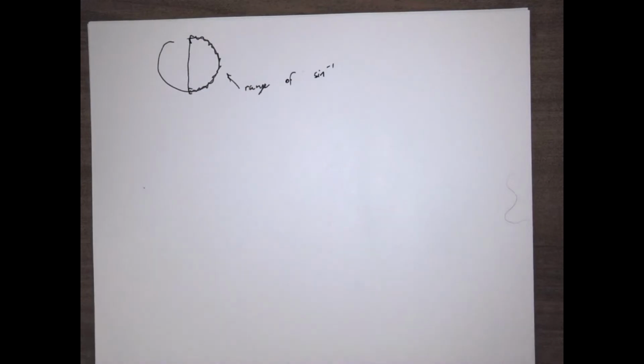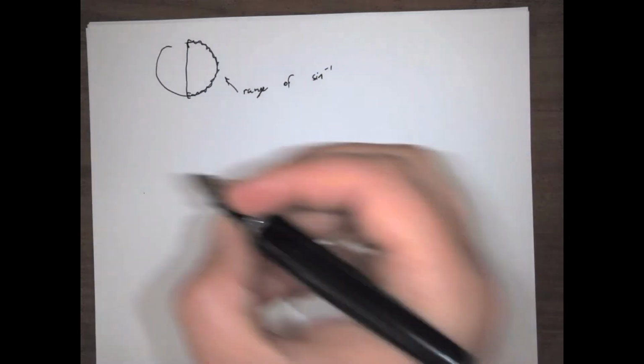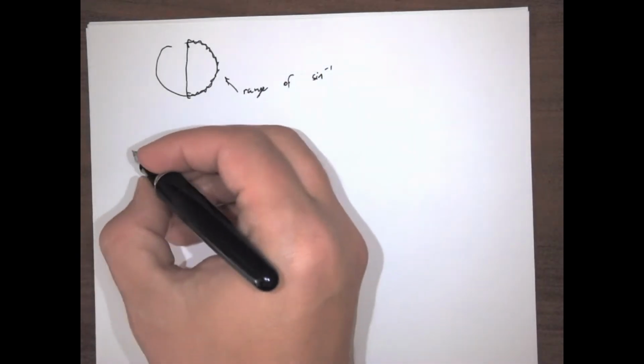Okay, and the reason for that is that sine represents the y values of the unit circle, or y/r if it's not a unit circle, and those are all found on this side, and they're just repeated on the other side. Okay, so that's inverse sine.